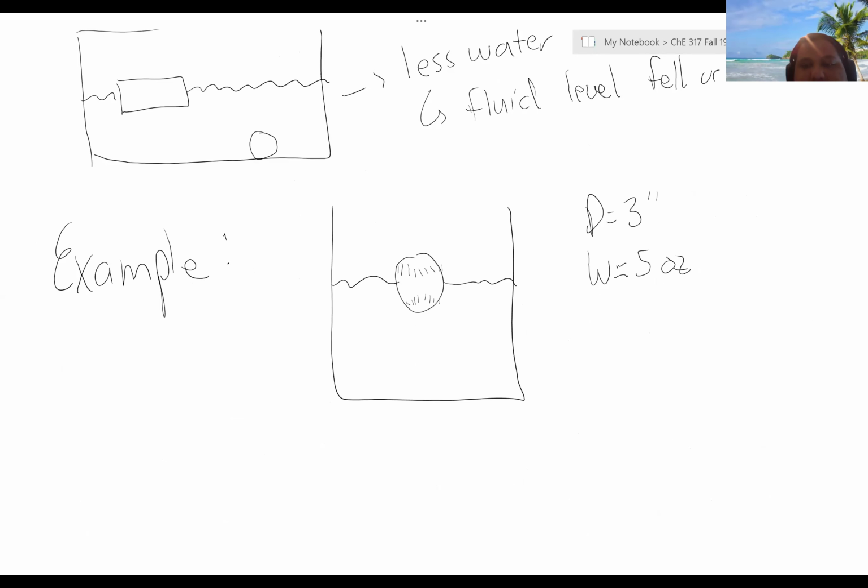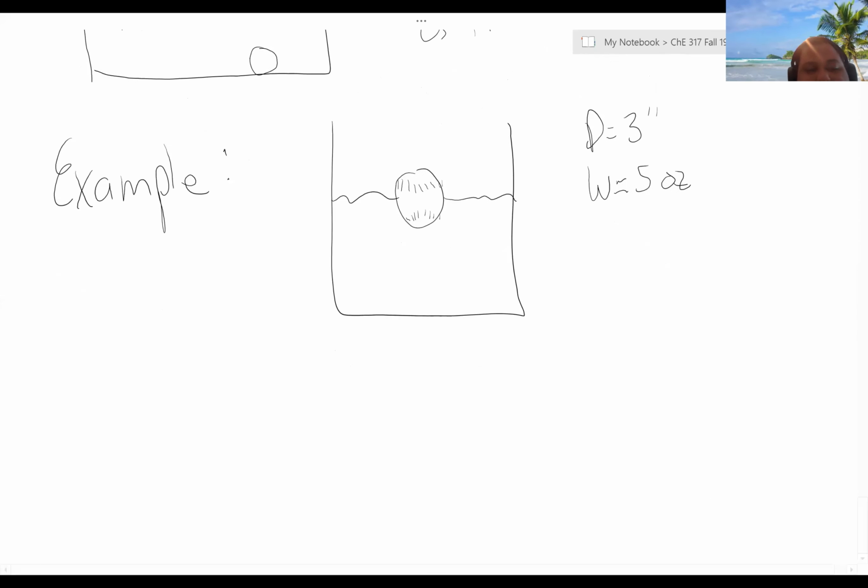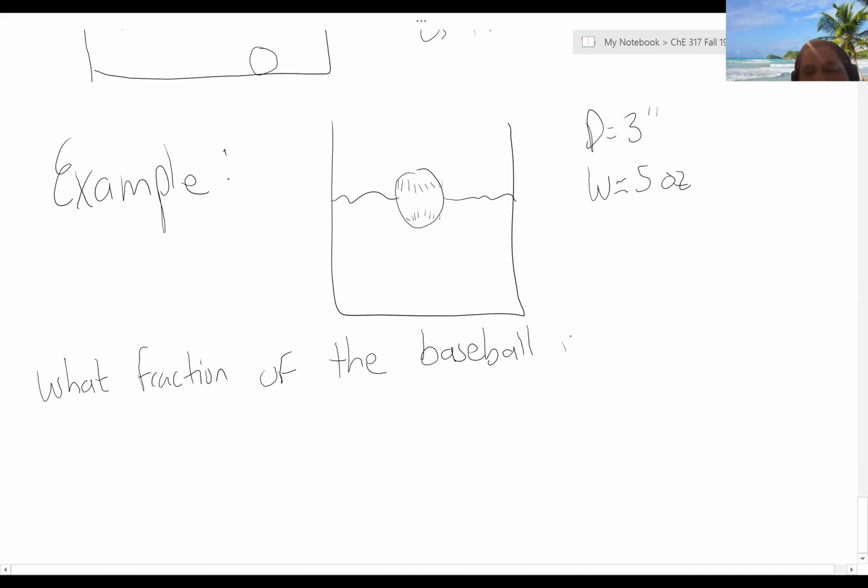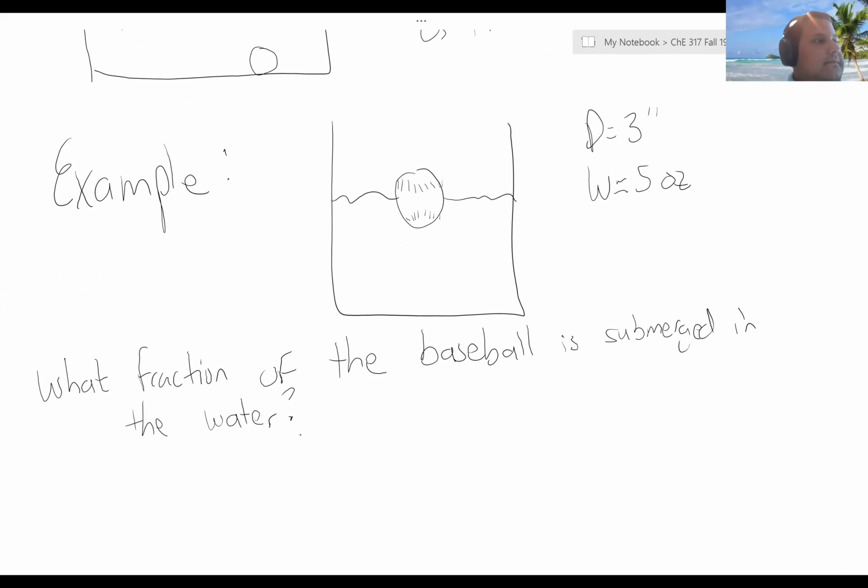And the question is, what fraction of the baseball is submerged in the water? So we're assuming it floats, because if it sank, the answer would be really easy. So let's think about how we can determine this fraction.